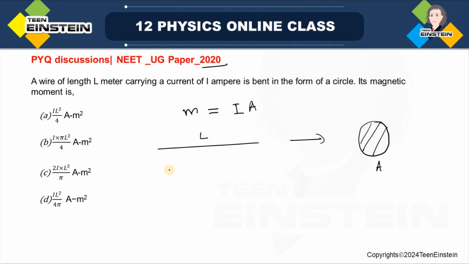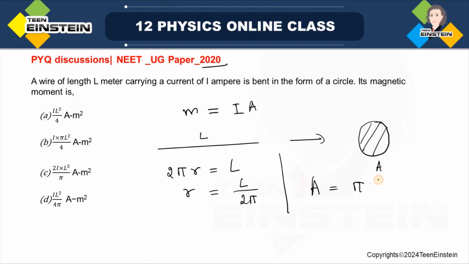To find out area, I have to find out the radius of the wire, right? So see, 2 pi r, the length of the perimeter, will be exactly equal to the length of the wire. So from here I can find out the radius. This is a very simple calculation. And now you have to find out the area. So what is this area?